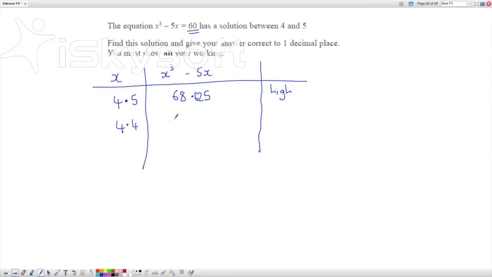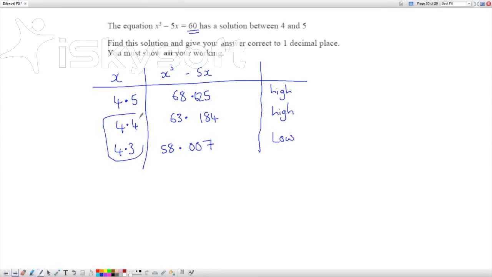Let's try 4.4. Putting that into your calculator, we come out with 63.184. Again, too high. Try again, 4.3, and we have 58.007. This is lower than the 60, so here we have low.